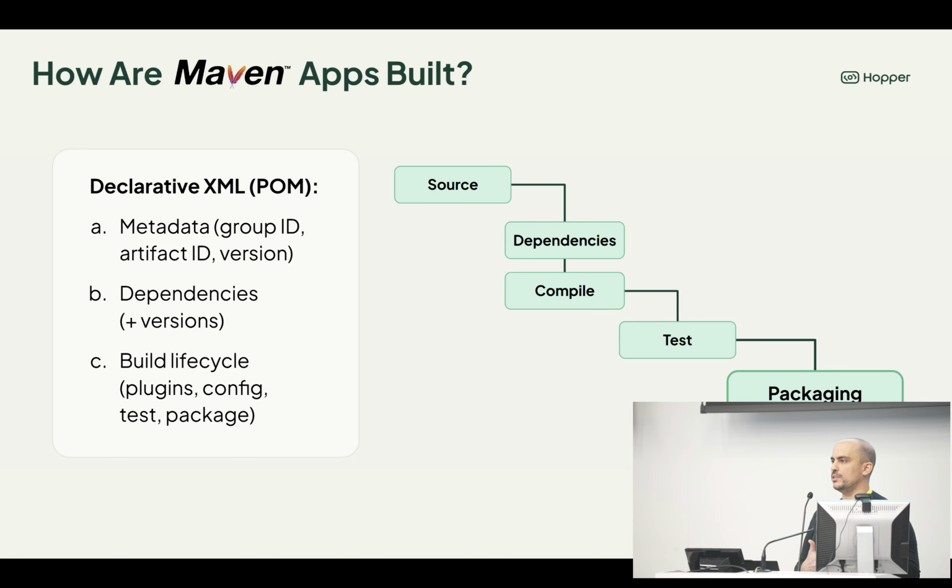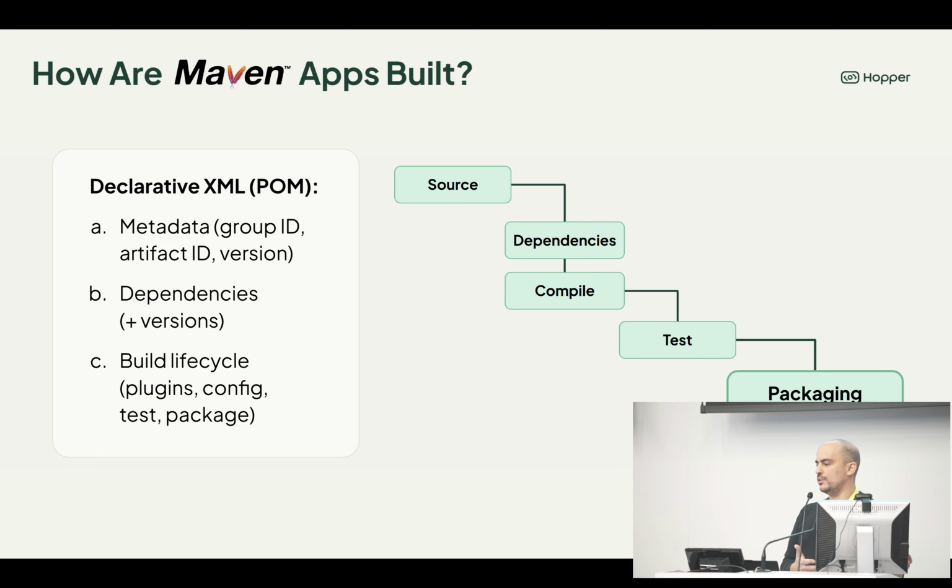Then we need to resolve conflicts. Maven does this by what is nearest to the root. Direct dependencies get more priority than transitive dependencies. And then we compile everything. We declare in the lifecycle the tests that we want to run.